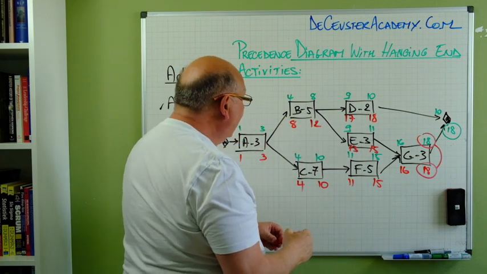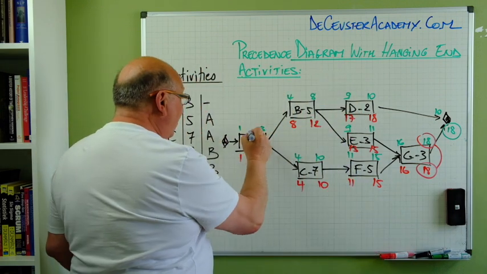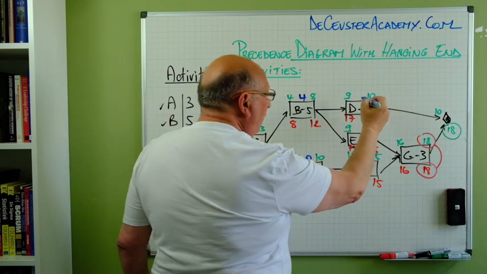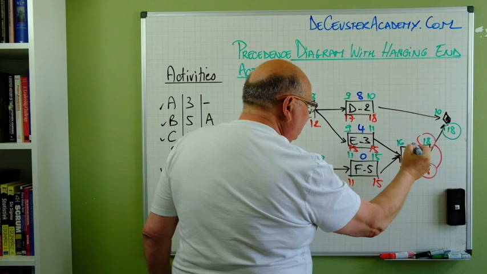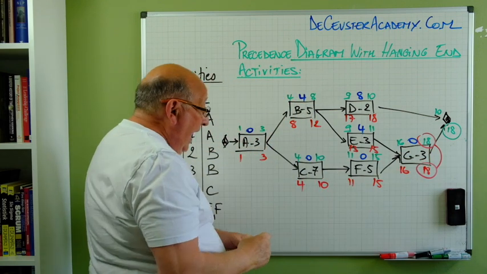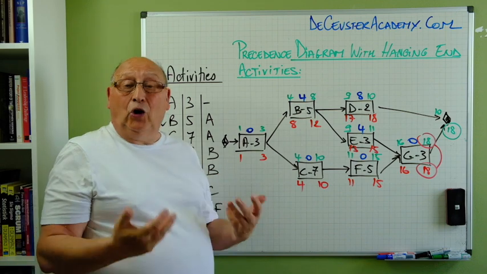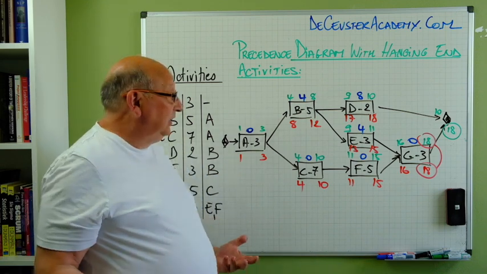And now I can calculate the slack for all the activities. 0, 4, 0, 8, 4, 0, and 0. And that's the only way to calculate the early start, early finish, late start, and late finish.